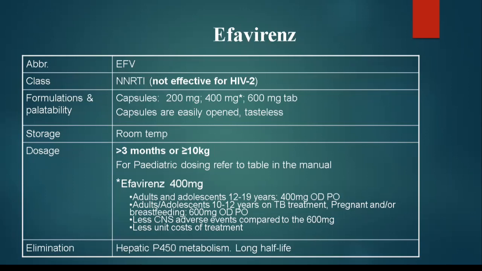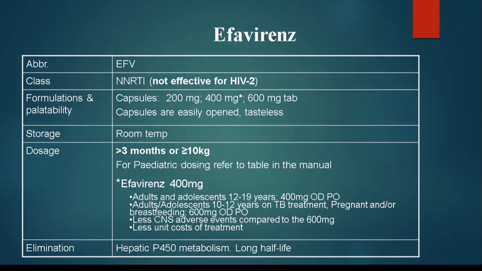So under the dosage, you find that we can give it to children of more than 3 months or more or equal to 10 kg body weight. So for pediatric doses, refer to the table in the manual. So we are going to see one of the tables that we have in the manual here.